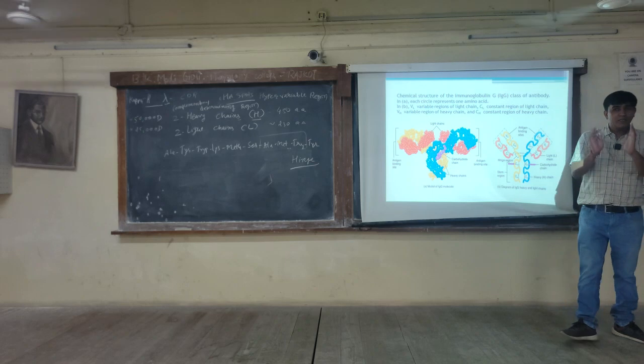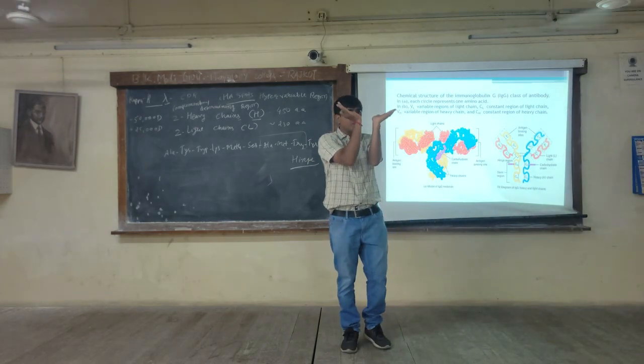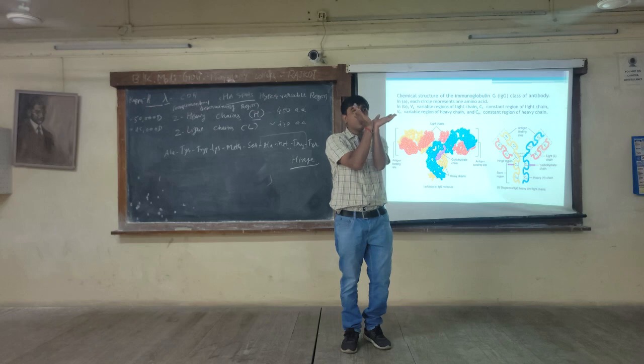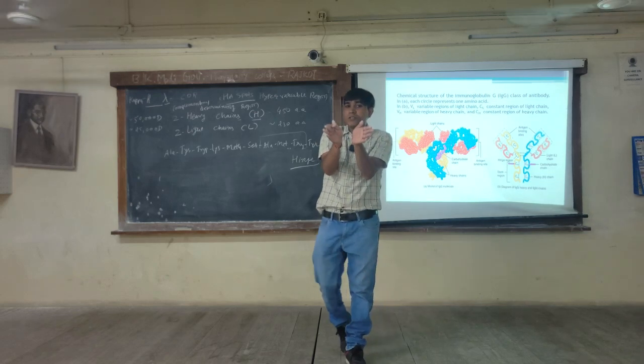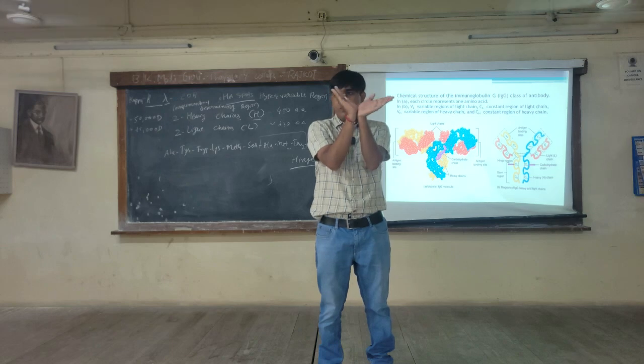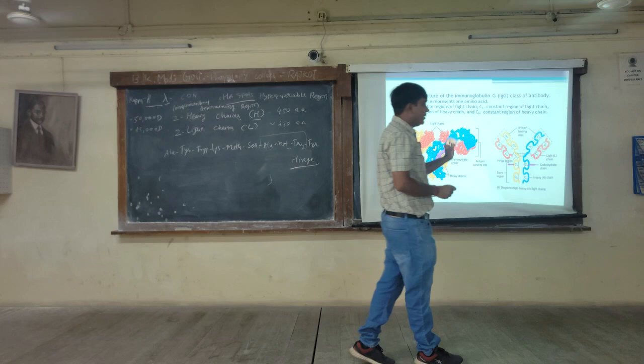Similarly, this hinge region of the antibody molecule where both chains are joined together is providing movement, as I said earlier. Twisting and bending both is possible depending on the surface of the antigen. That's why that will help in binding with the antigen.